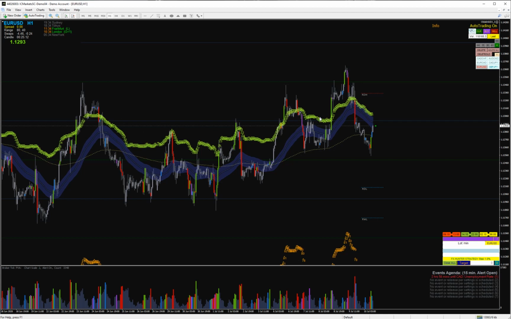But look, they have their average price still above. Why? Because they're entering the breakouts, right? So look what they did here. They entered the break, and they dropped the price down, right?